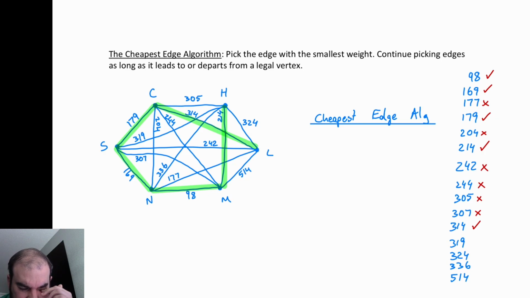And then at this point, it doesn't really make sense to keep going down the list of edges, but you can. You'll find that the 319 is not available. The 324 is the edge that we want to include to finally close our circuit now that we've visited every vertex.